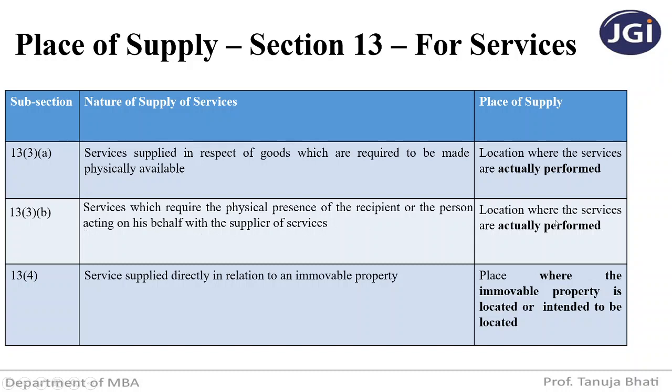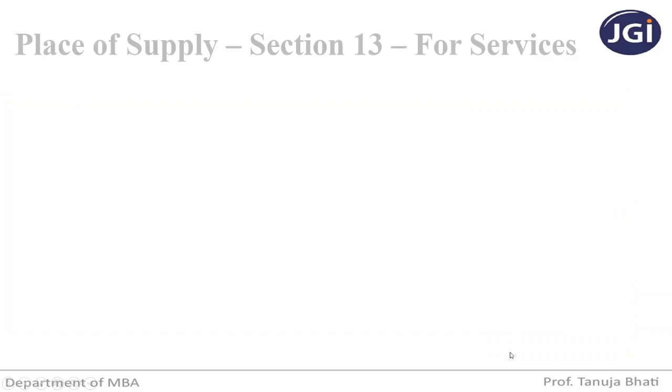The location where the services are actually performed will be the place of supply. Next, services supplied directly in relation to immovable property. These cases are only where either the supplier or recipient is located outside India. So the place of supply will be the place where the immovable property is located or intended to be located.